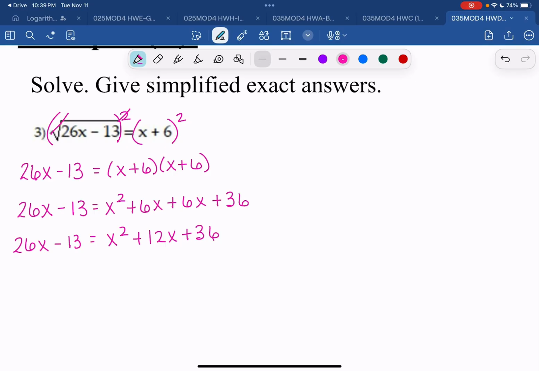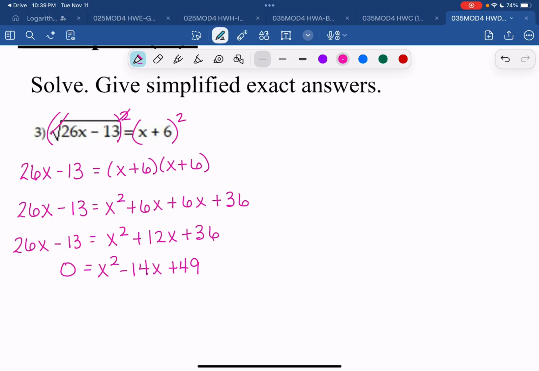I'm going to subtract that 26 over. So x squared minus 14x. Then I'm going to add that 13 over to that 36, and that gives me 49. That means I don't have anything left on the left side.